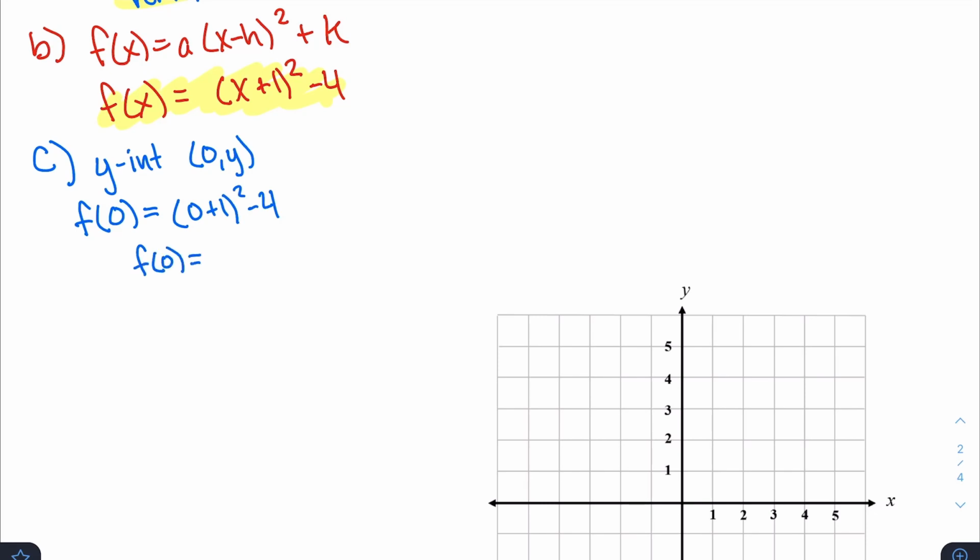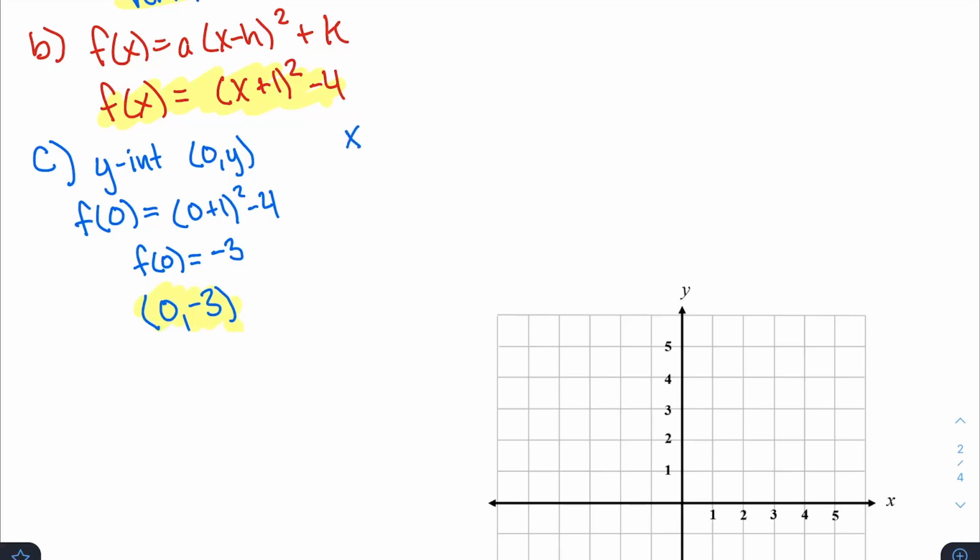Or in this case, f of 0 is equal to 0 plus 1 gives me 1. 1 squared, I get 1. Minus 4, I have negative 3. So when x is 0, I have the point y is negative 3. So we have our y-intercept.